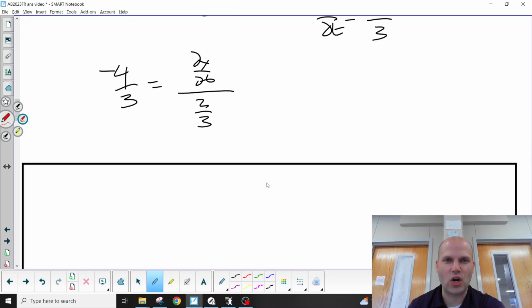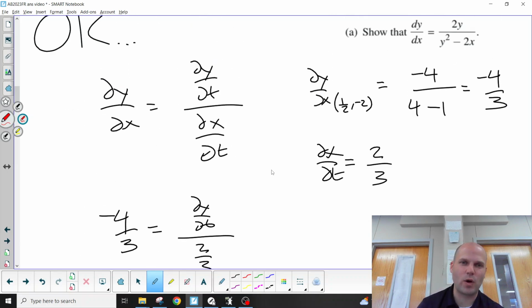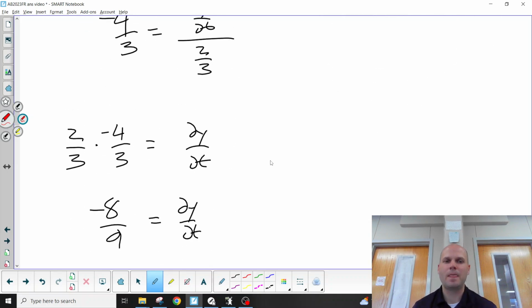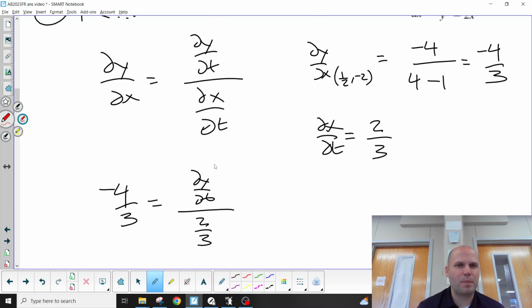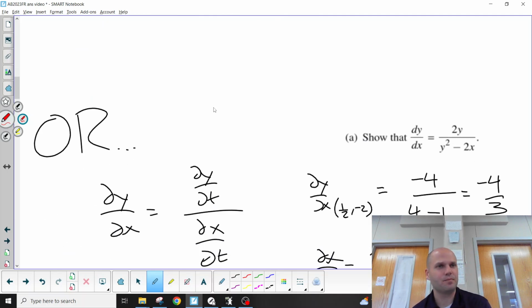Well, can't I just solve this equation for dy/dt? -4/3 equals dy/dt over 2/3. Multiply both sides by 2/3. You get the exact same answer. A completely different way, maybe a much easier way. It ends up being more of a parametric equation, like you may see in BC. If you didn't pick that up and you did it that way, it's fine, but congrats if you got it.